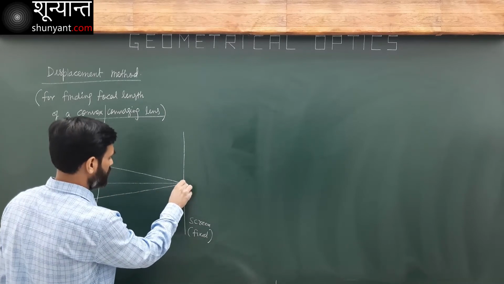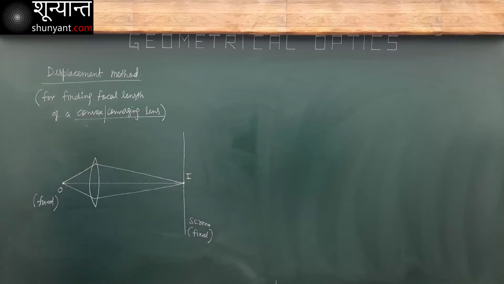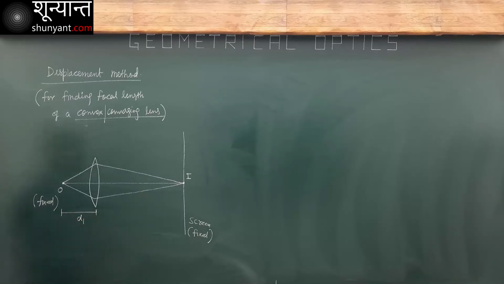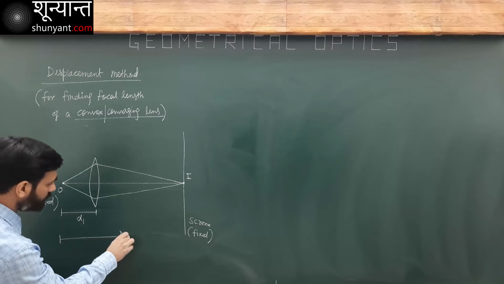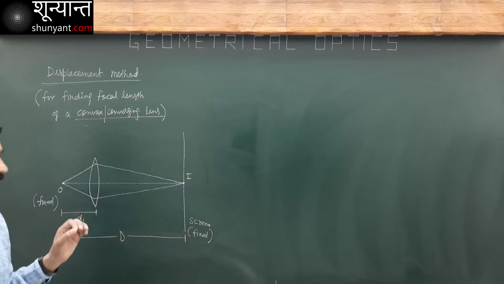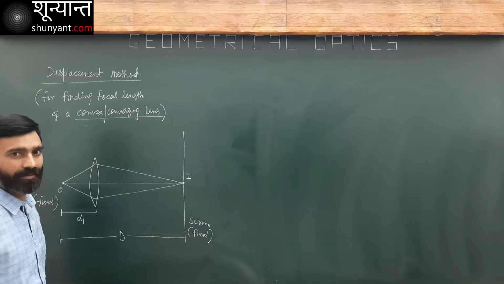This is my image. Now let's say this distance is d1. The distance between object and the screen is capital D here. Object, image, convex lens.